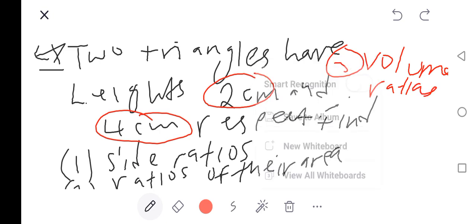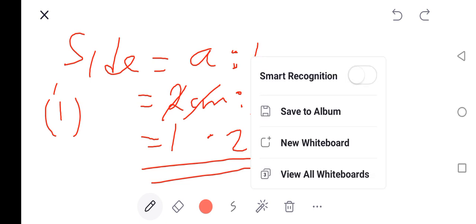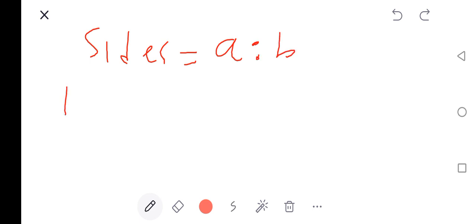So what you should get from here is that when you're finding the sides, you use the formula A to the ratio B. When you're finding area, you use A squared to the ratio B squared.